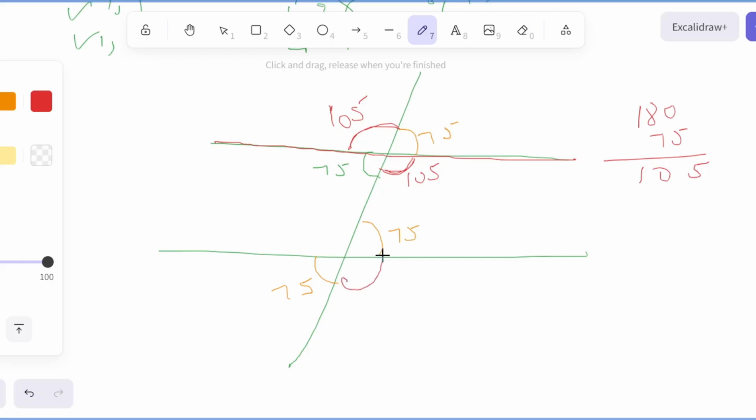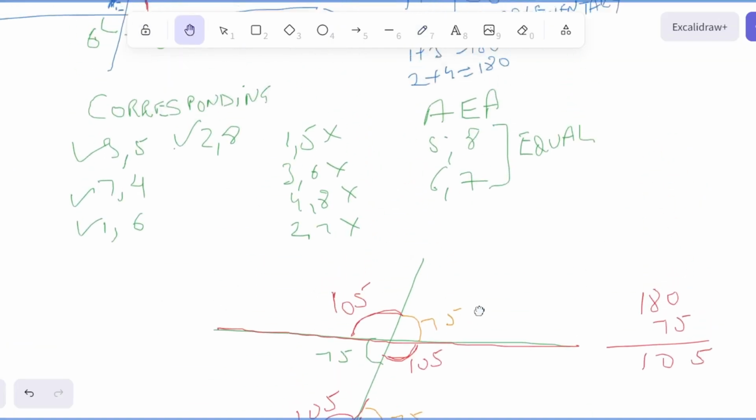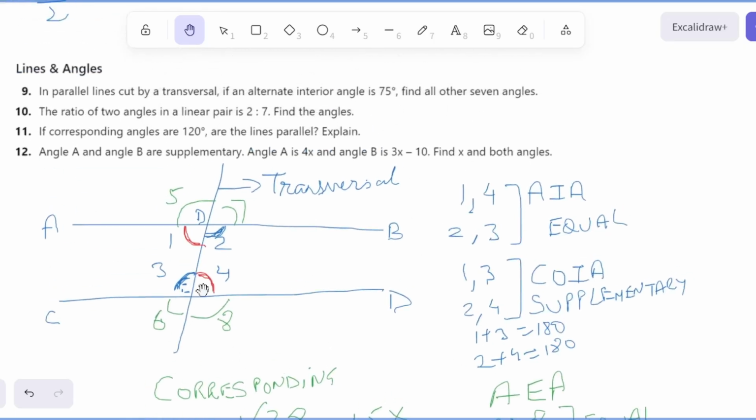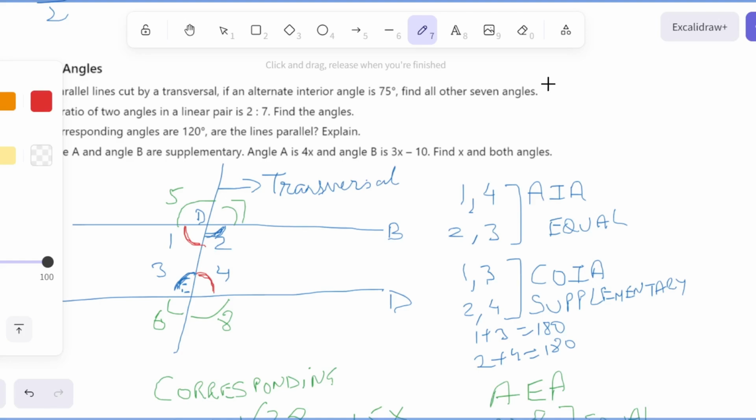Same will be this, 105. If you consider this as a straight line, if this is 105, then this will be 105. See, you end up finding all the other 7 angles. You understand this? So if one is 75, the others will be 75 and 105 only, right?